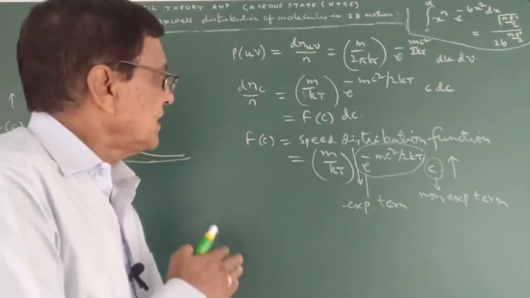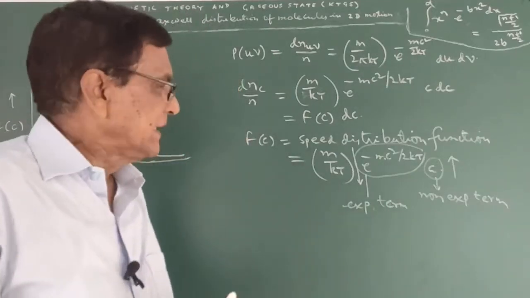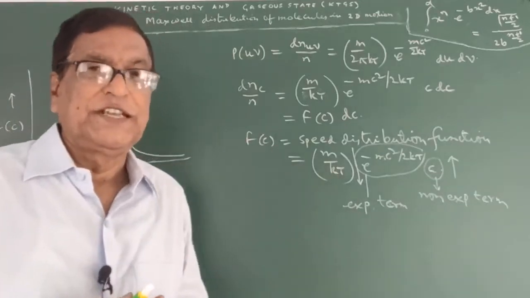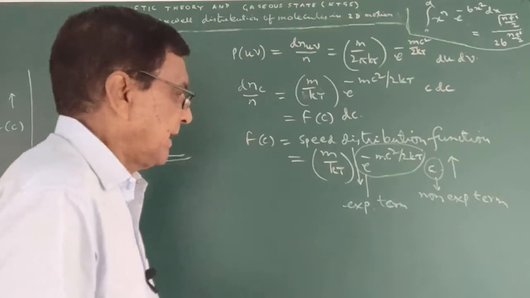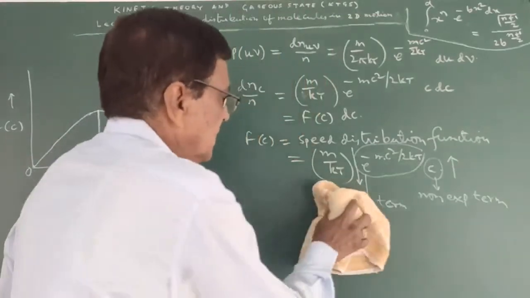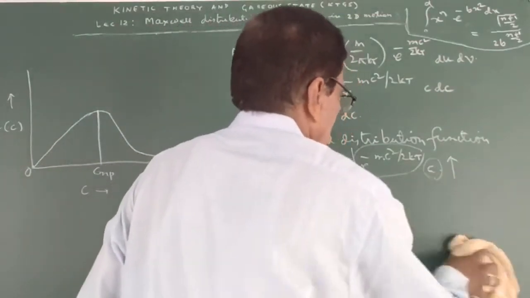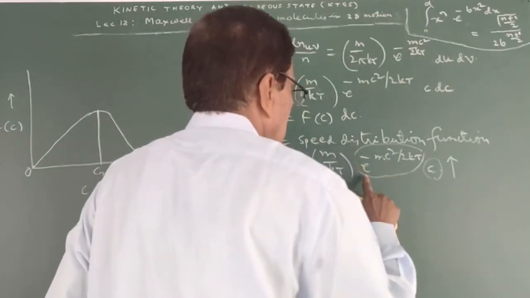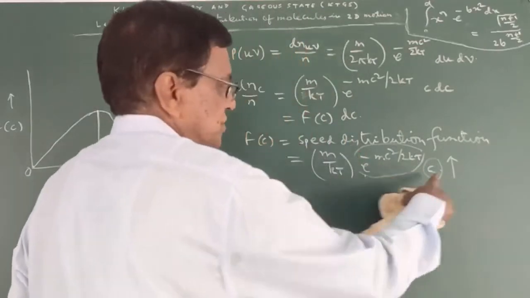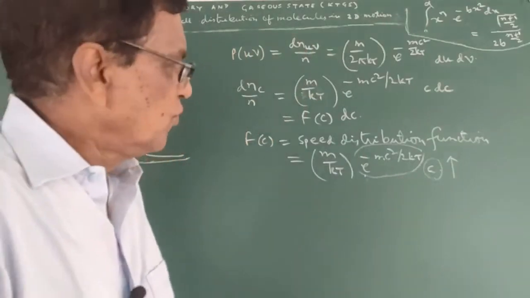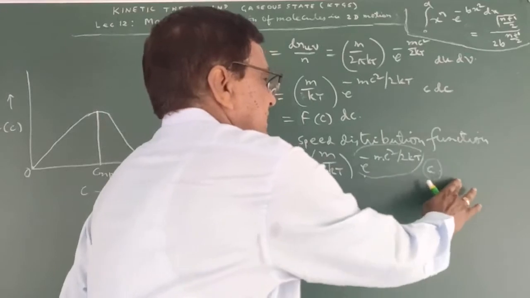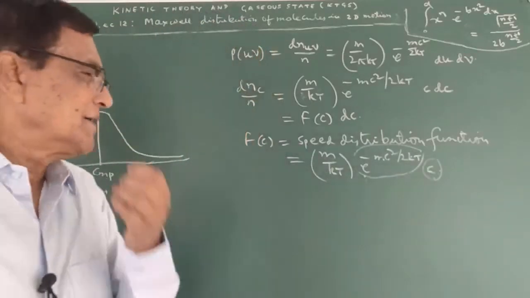So if we like to find an expression of CMP, then we have to... and this is a Gaussian distribution. One term is increasing, the other term is decreasing, so it is exponential. It is the Gaussian distribution curve.